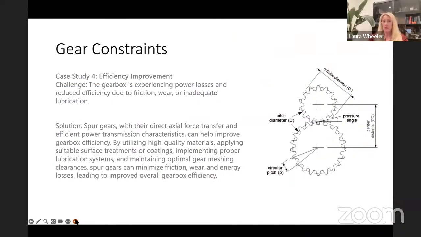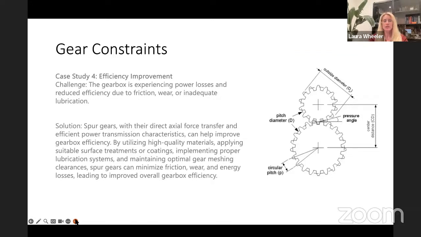Our fourth case that we looked at was a problem of efficiency. And if you had researched or thought of some possible ways to address that, spur gears with direct axial force transfer and efficient power transmission can help improve gearbox efficiency.